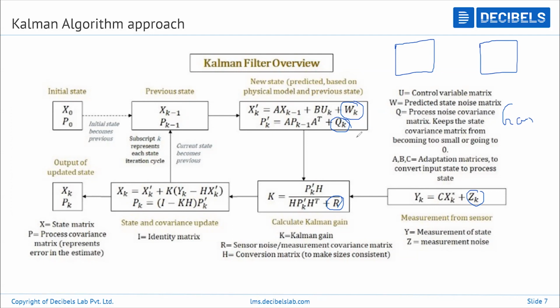Again, the selection of values depends on the system; some people follow a trial and error method, or some modeling approaches are there. So that depends on the dynamics of your system. That is how you are going to define the noises for the system.